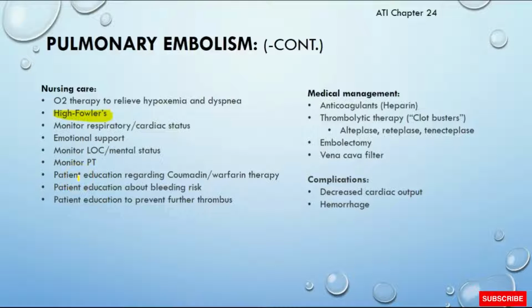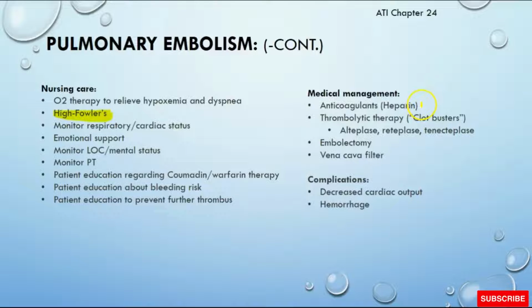Patients who actually survive a pulmonary embolism, more than likely they're going to be on long-term Coumadin or warfarin therapy, so educate them about bleeding risks, such as using an electric razor over blade razors, and education to prevent further thrombus, which I talked about before, in terms of not sitting for long periods of time, not smoking, and a healthy lifestyle.